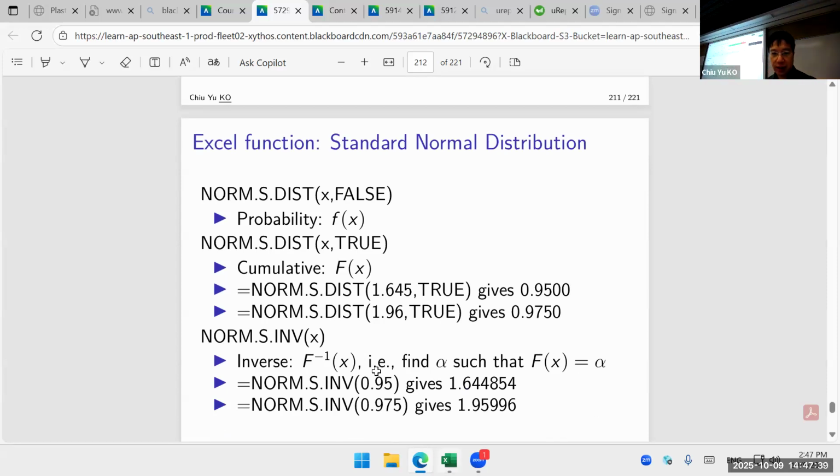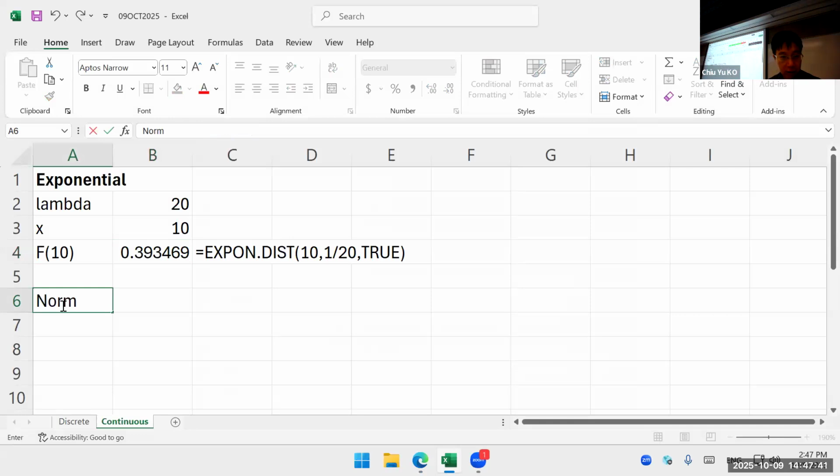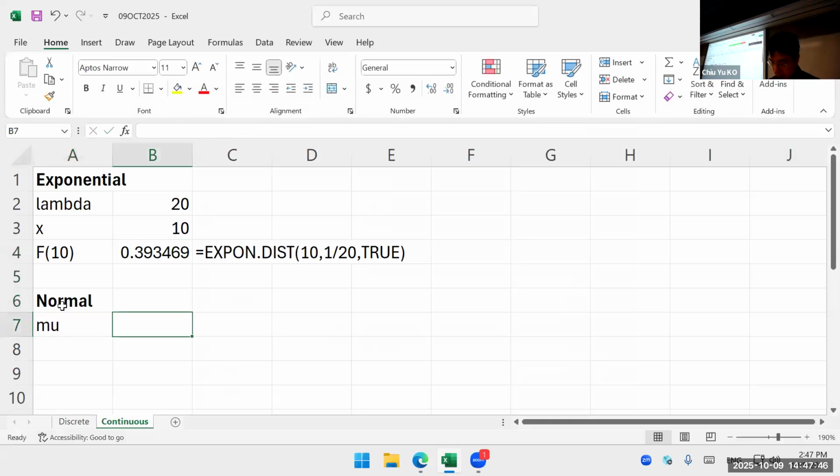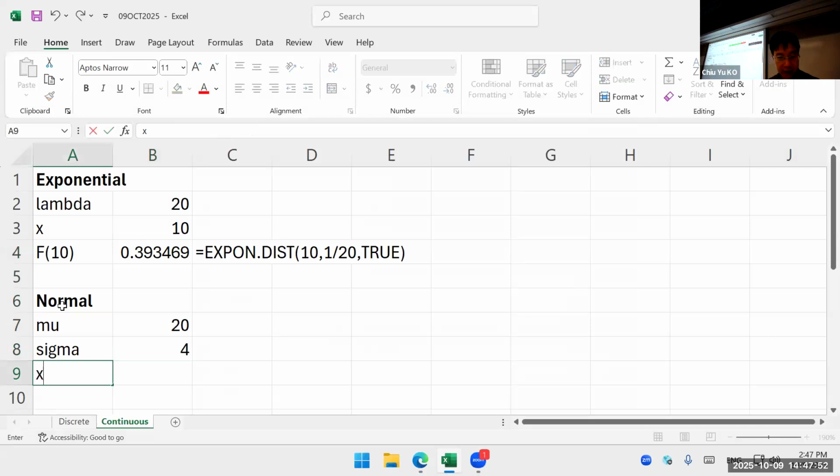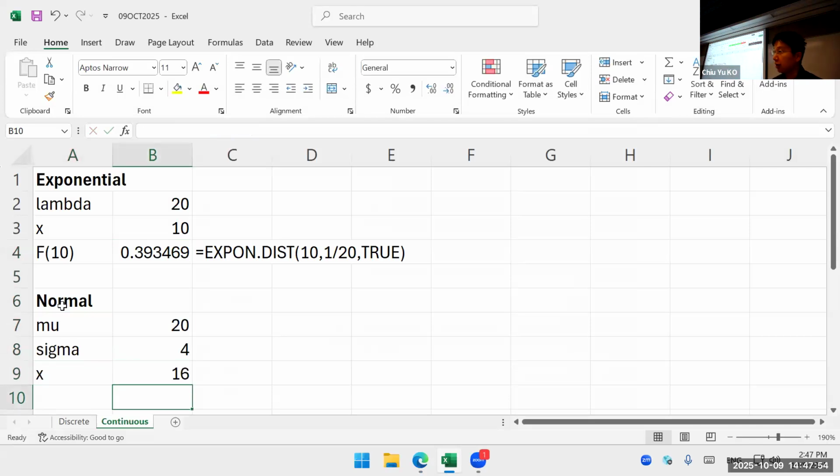So let me show you normal. Normal with mu, I don't know, 20, and sigma is 4. If you remember, x is 16. It's 1 SD below the mu. We're asking what is the probability of x at 16.